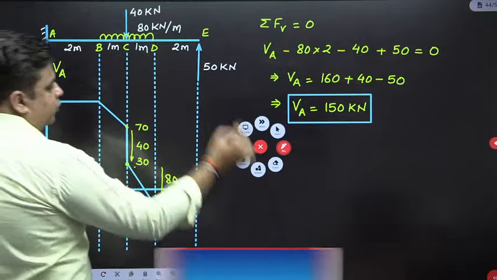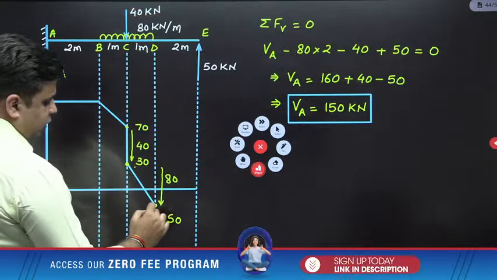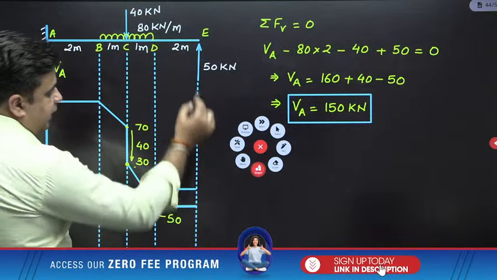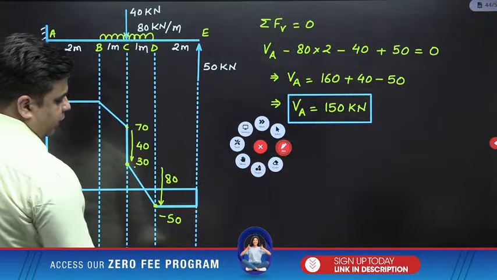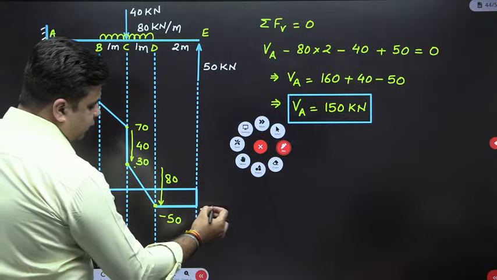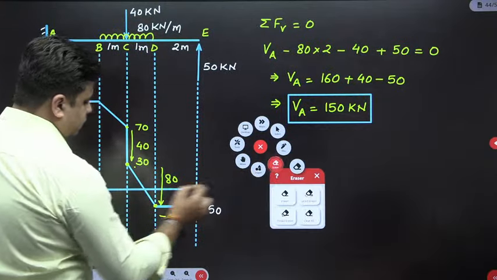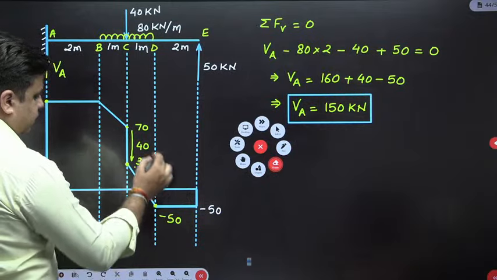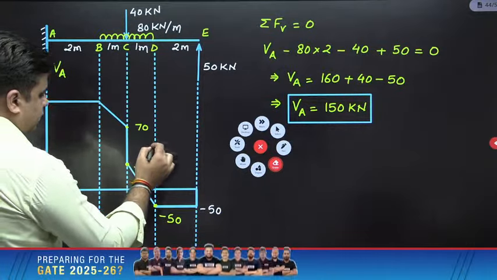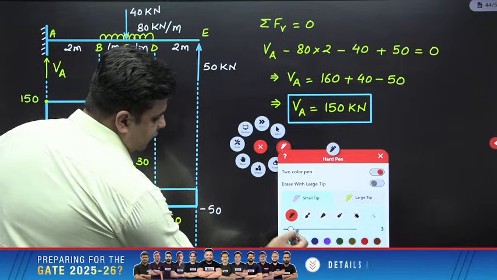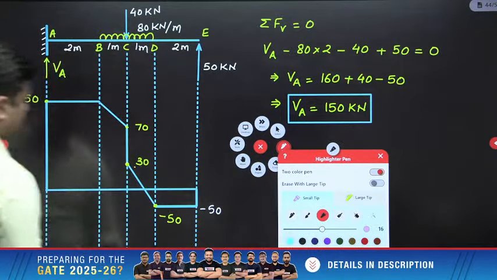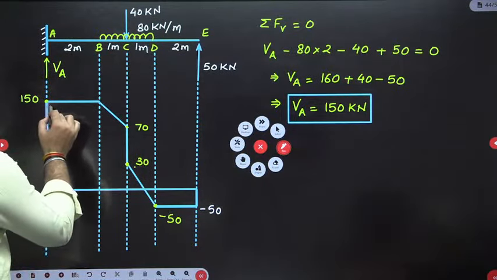Then from D to E, there is no load acting, so the shear force diagram will be constant. And at E, you have an upward acting load of 50 kilonewton. So here this will be minus 50. Let me just clean this. And this is your shear force diagram of the beam without even a single calculation apart from the support reaction.